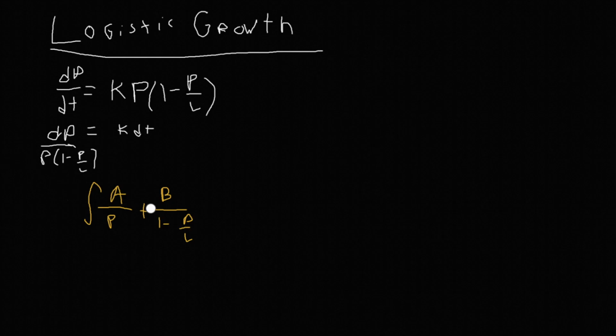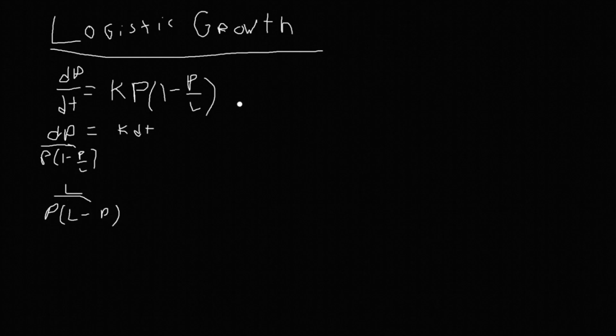So what I'm going to do is I'm going to actually multiply everything by L. That'll probably be the best way to go about doing this. So we have L over p times L minus p.